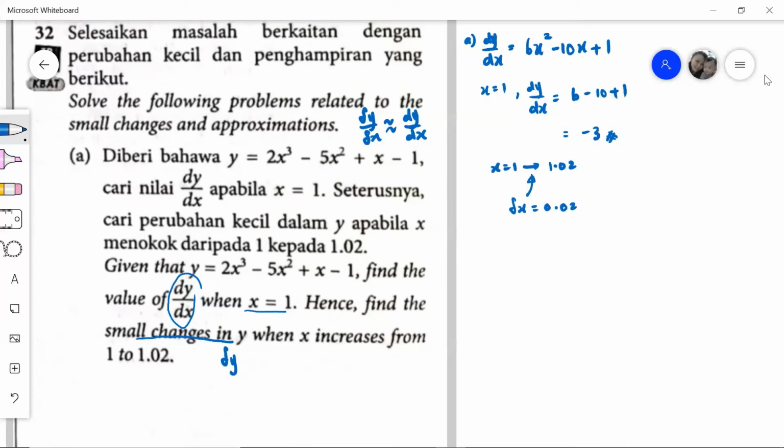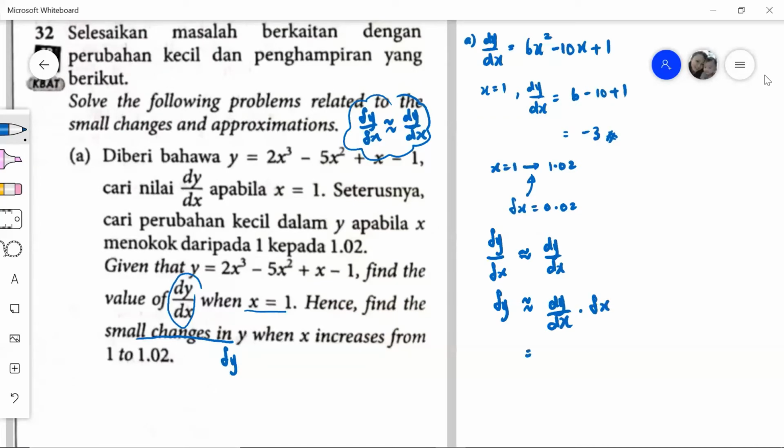Now we need to find delta y. We use the relationship between delta y by delta x and dy by dx: delta y by delta x is approximately equal to dy by dx. So delta y is approximately dy by dx times delta x.